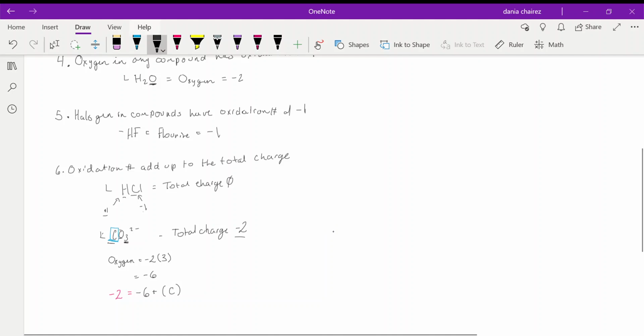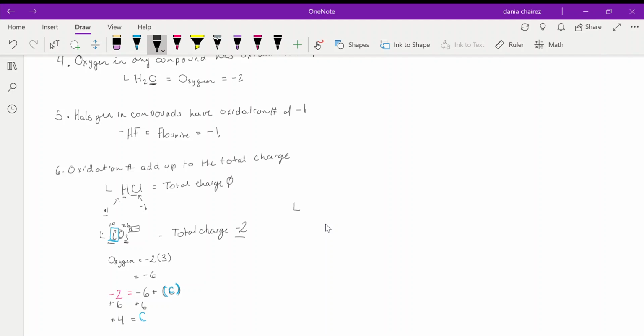I should have done that in blue, considering that that's what I was doing. So yeah, there we go, our carbon. So then we're going to do just algebra, or basic arithmetic. I don't think this is algebra. Plus 6. So we end up with a +4 is equal to carbon. So then our oxidation numbers are a +4 for carbon, and then a -6 overall for oxygen, and we still have our -2 charge total.